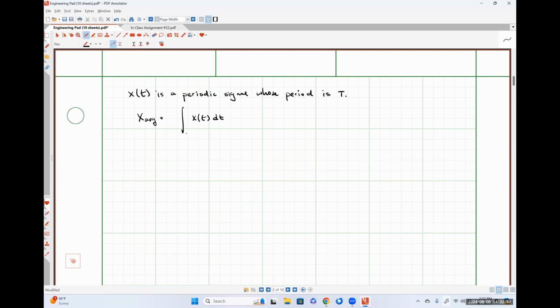So I'm going to choose to represent that as from 0 to capital T, but I could just as well have set those limits of integration from negative capital T over 2 to positive capital T over 2, or really any interval that I want, as long as it is over exactly one period of the waveform, right? So I have the integral of my periodic function over one waveform, and then I simply divide by the duration of the period. And that gives me an average value for that periodic waveform.